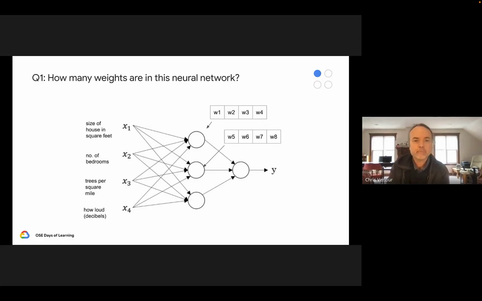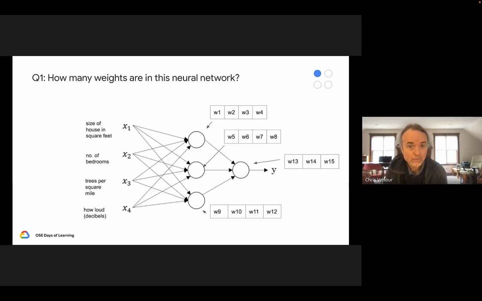And the last node in the hidden layer also has its own unique set of weights. But let's not forget the node in the output layer, which will have 3 weights, because there are only 3 nodes in the previous layer. So the total number of weights in the network is 15.